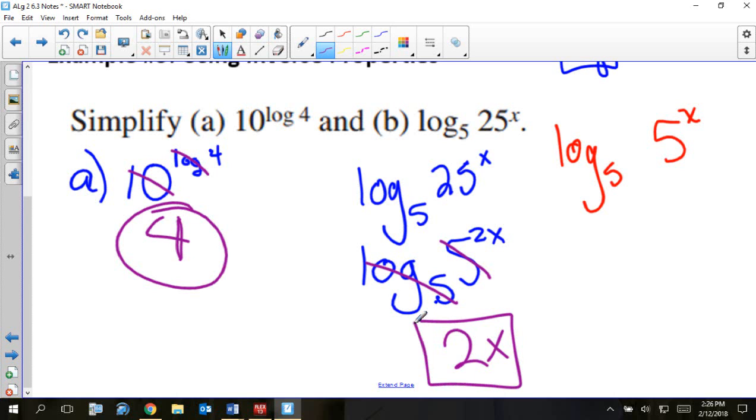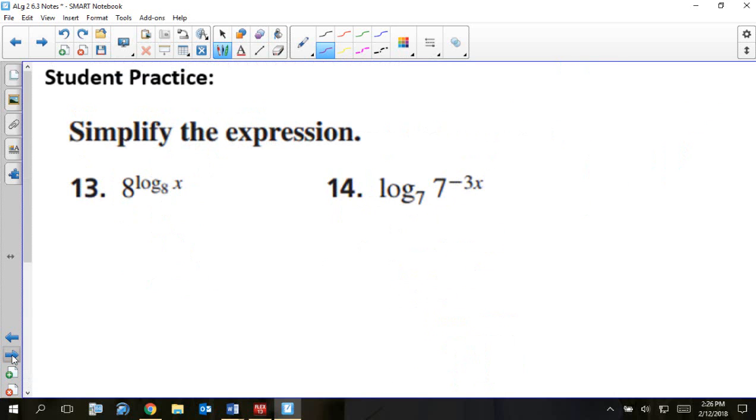Let's try a couple more of those and we'll be done. 13. We've got 8 to the, and in the exponent we have log base 8 of x. Are these inverses of each other? They cancel. What do we get? That's it. 14. We've got log base 7 of 7 to something.